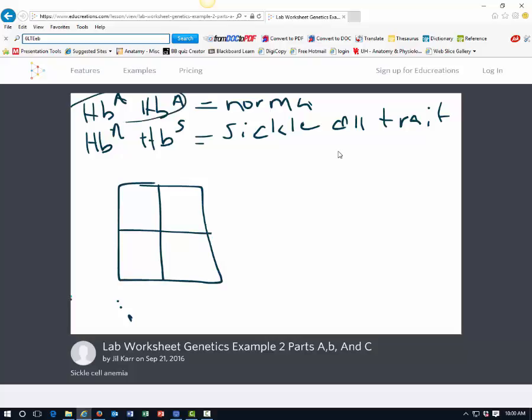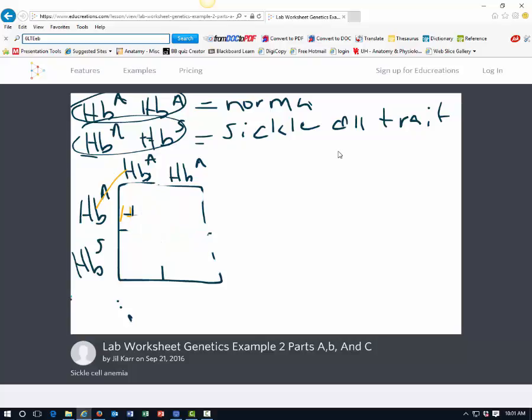As a result of that, we can make a Punnett Square. This parent will put on top HbA, HbA, the possible alleles that would go to sperm, and egg possibilities would be 50% HbA for this individual and 50% would be HbS. So when I do my crossing here, I'm running out of room here, I need to write a little smaller.